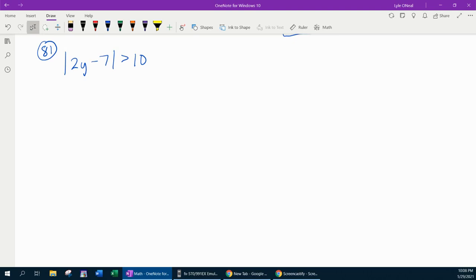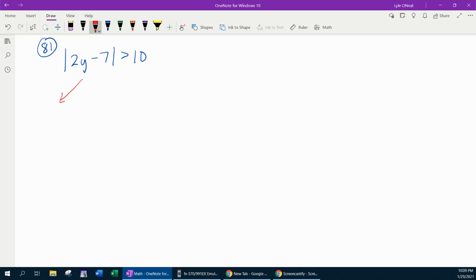Next example, number 81, we have the absolute value of 2y minus 7 greater than 10. So the absolute value is isolated. It's all by itself on one side. And then remember the next step, if it's true, split it in two. Well, there is definitely positive stuff that is greater than 10.